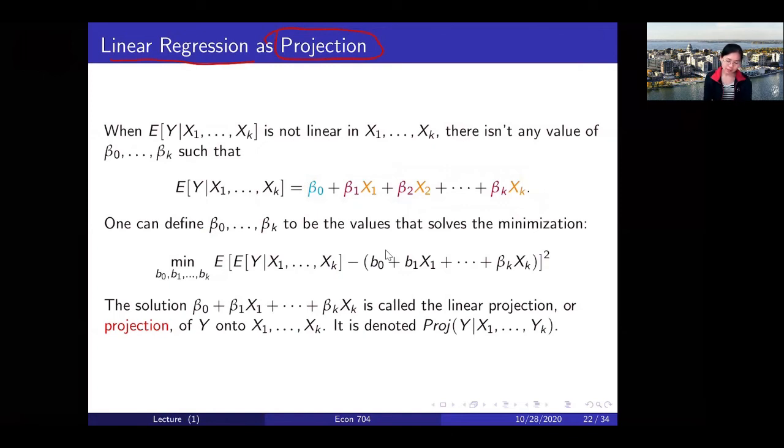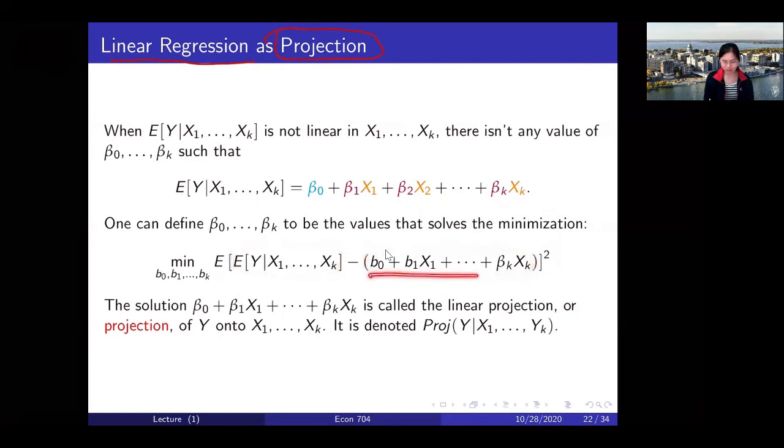One way that people define these betas is to find the linear function of x that is as close to the conditional mean function as possible. So you can find the coefficients that minimize the expected squared difference, or mean squared error, between the conditional mean and this linear approximating function.